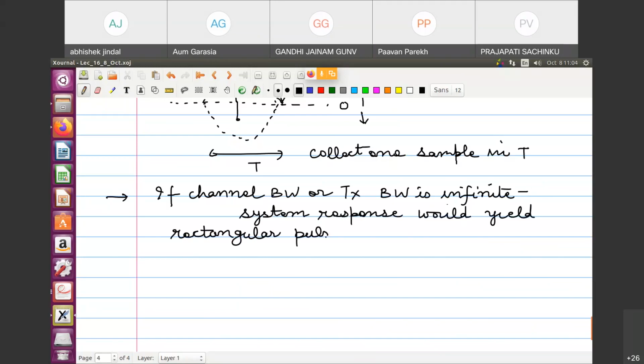Okay, I think this we have already seen. The pulse shapes look like boxes. Okay, so that we have already seen.